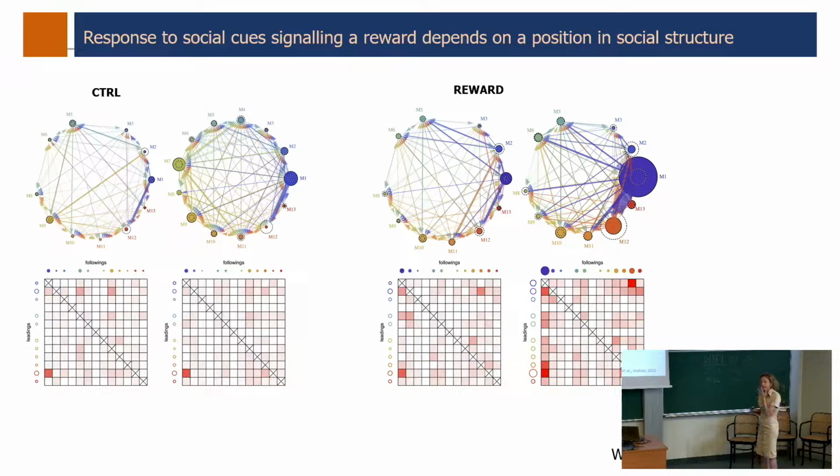So I think that this is the last slide. I think that looking at the social structure in the case of social behavior and responses to social stimuli is important, because there is a clear difference in how the animals respond to such stimulation depending on their position in social structure.